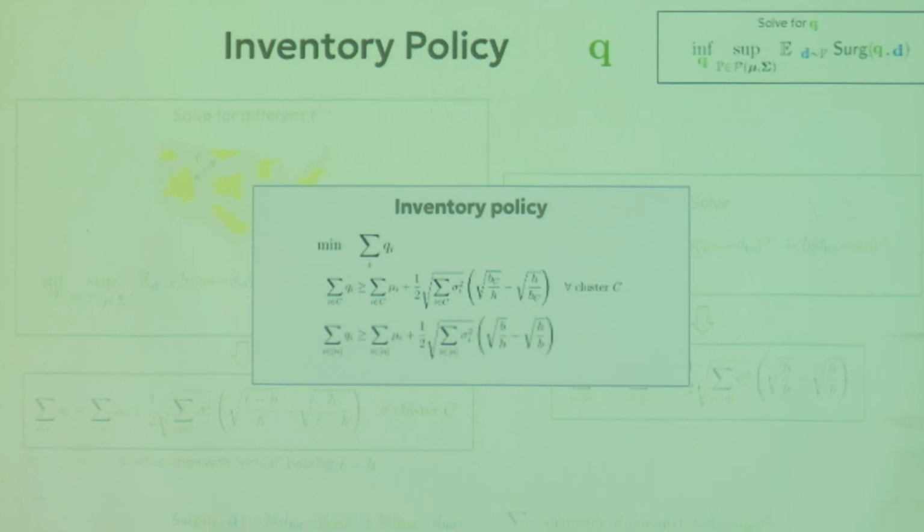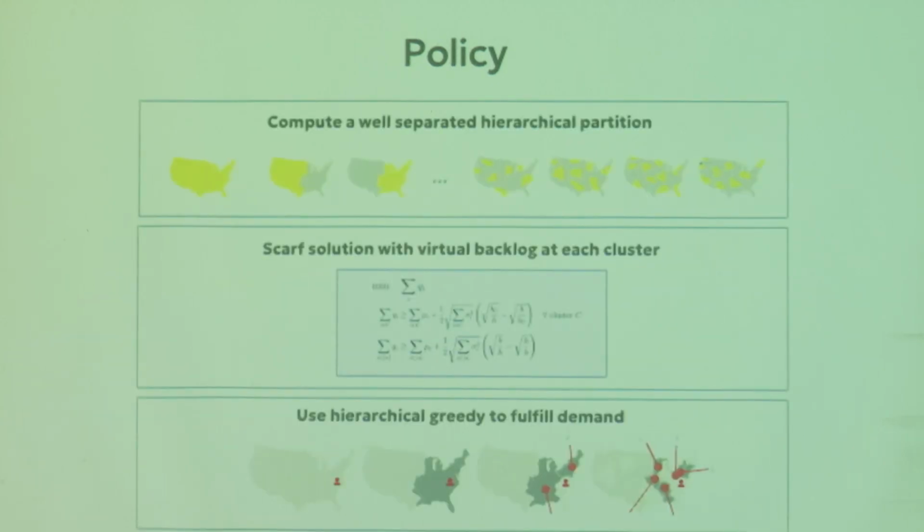Okay, so you find the minimum such, minimizing the total number of units. And we show that with this solution and a hierarchical uniform greedy fulfillment gives us a polylog approximation.